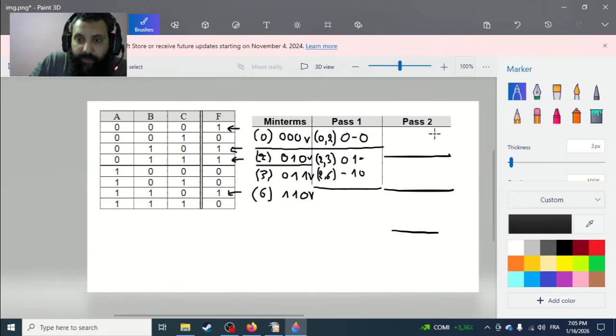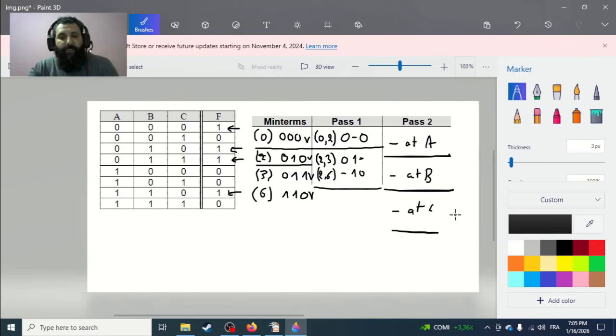For instance, this group represents dash at variable A, here dash at variable B, here dash at variable C, etc. This is the way we form groups in pass 2, pass 3 and the other passes. We respect the position of the dash to form the groups.